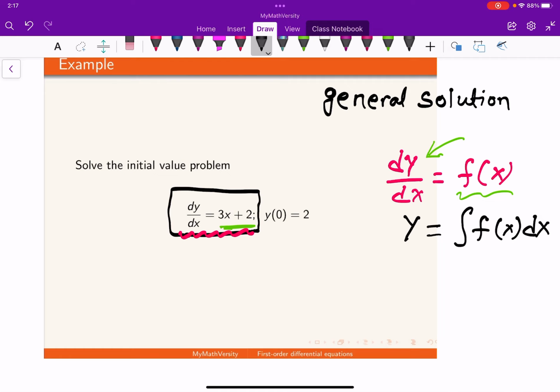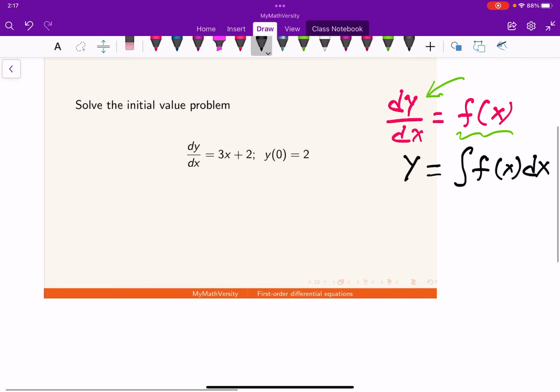If we can, done, that's it. That's the solution of this differential equation. So let's try to find the antiderivative of 3x plus 2, which we can, I believe, and figure out the solution.